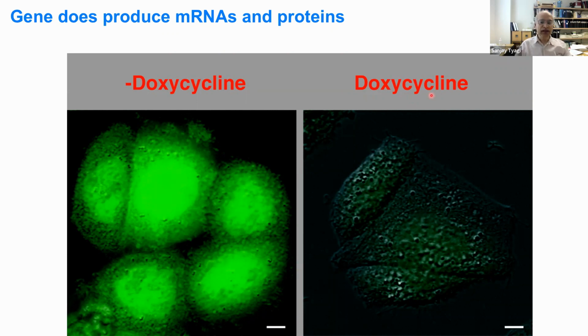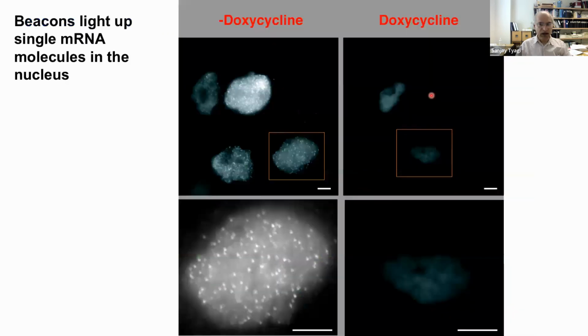With doxycycline, you could keep the gene off, and that allows you to do controls. So we took these cells, in fact, these very five cells, and we injected beacons into them. And these beacons, like I said, one beacon will bind to each repeat, 96 beacons binding to one RNA molecule. And you can see these spot-like signals in the nucleus.